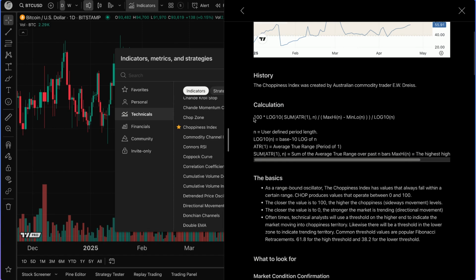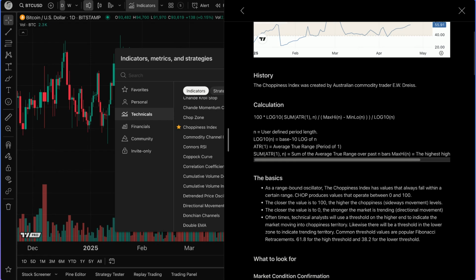Now, the calculations are potentially a little advanced for some of you out there, but all of the calculations are right here in front of your eyes. To get a sense of what you're looking at, you've got a logarithmic function being run here, as well as some really important indicators you should know about, such as average true range. That naturally tells you how choppy something is. What's its average true range?